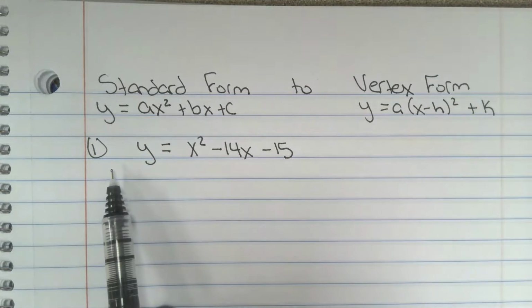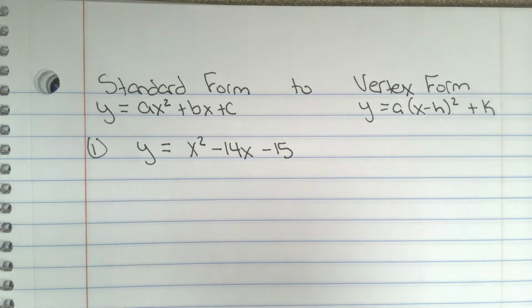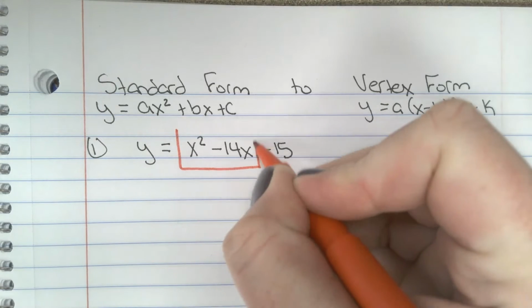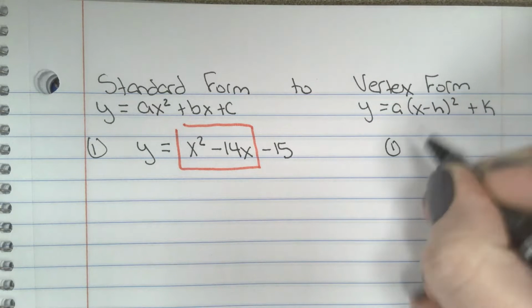So we've been completing the square, so we're going to use that strategy. Before, when we did complete the square, we wanted our x's on one side and everything else on the other. So that is the first thing that I'm going to do.